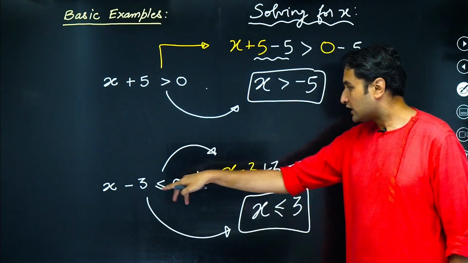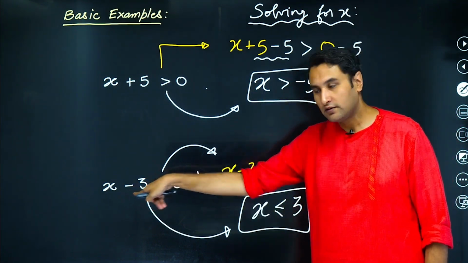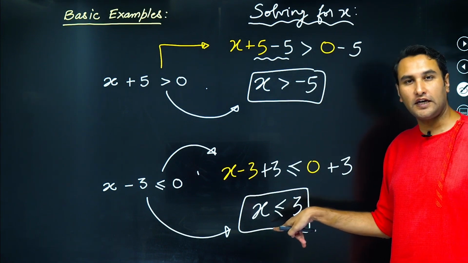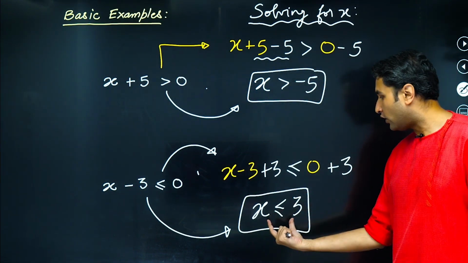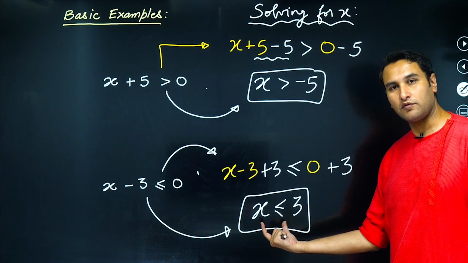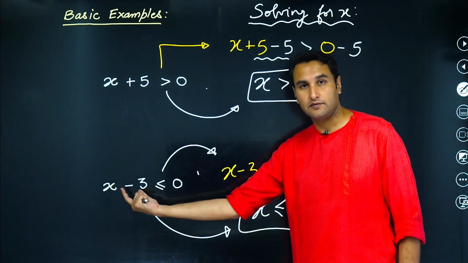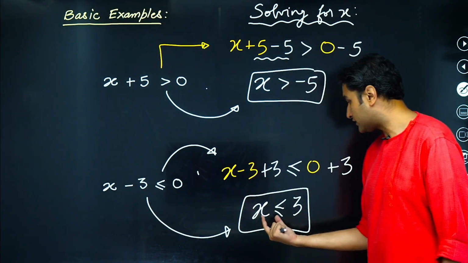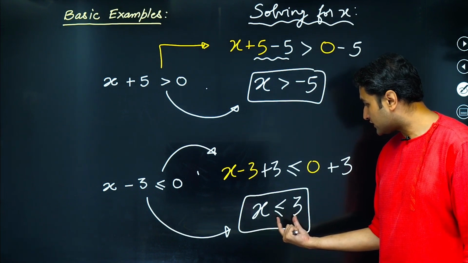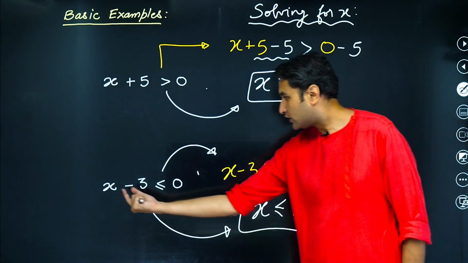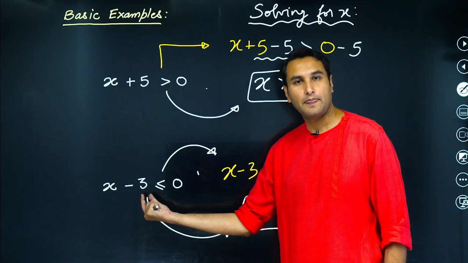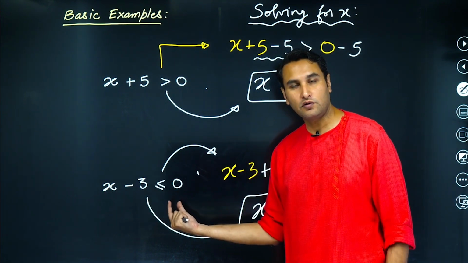And what are we doing? This is an inequation. This is the solution of the inequation. It means all the values of x less than or equal to 3 will satisfy this. You can take values and check. For example, let's take a value which is less than 3. 2. 2 minus 3 is minus 1, less than or equal to 0. Perfect.